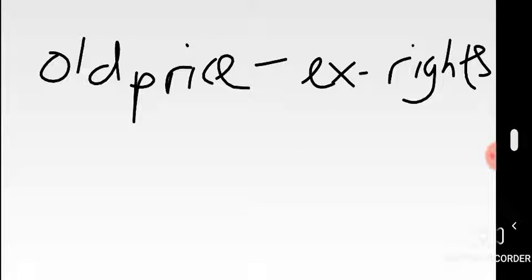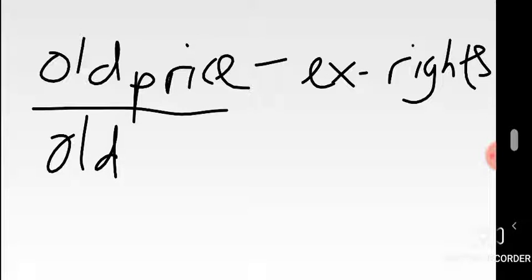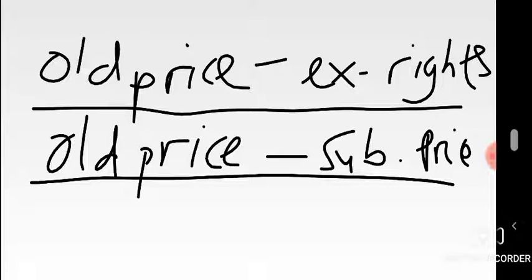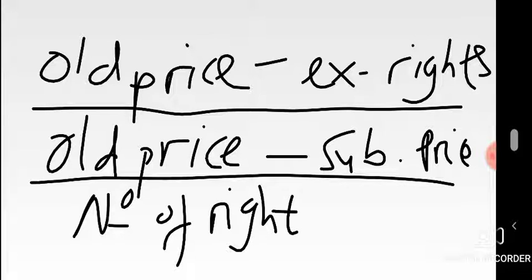That's one formula. Then this is another alternative. Let me just separate them. Odd price minus what? Subscription price over number of rights plus 1. These are all formulas you just need to know. It depends on which one you feel comfortable with, but they all give the same answer for the value of a right. Odd price minus subscription over number of rights, which of course the question hasn't asked us for.